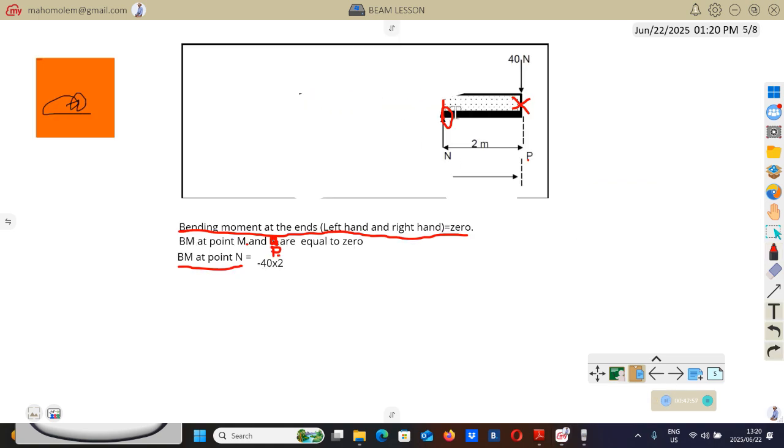All right, when you check on this side, we are not only seeing this force of 40, but we still have the push here. What is a push? A push is a force. We have this push on this side by the UDL. So we will have two forces. We'll have this 40, then this is a force as well.